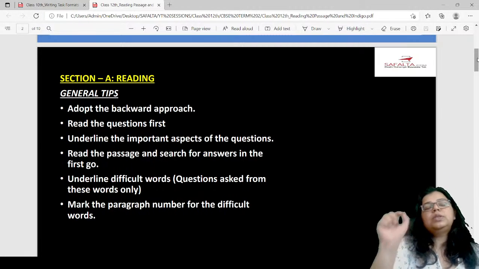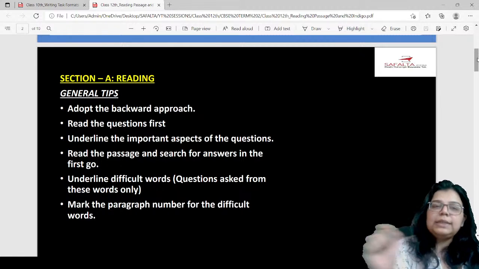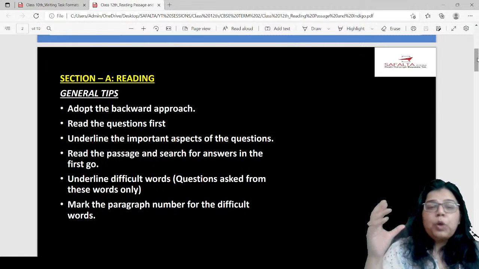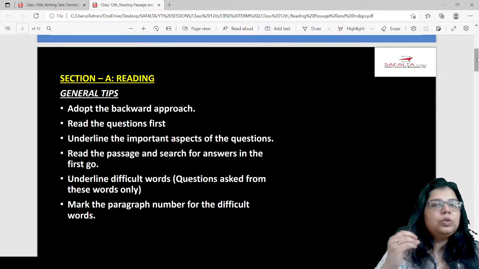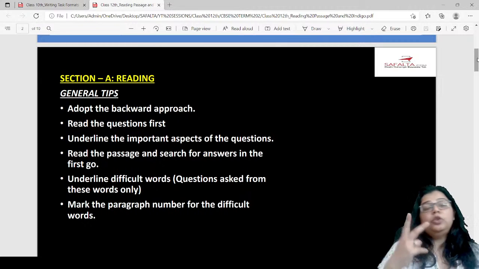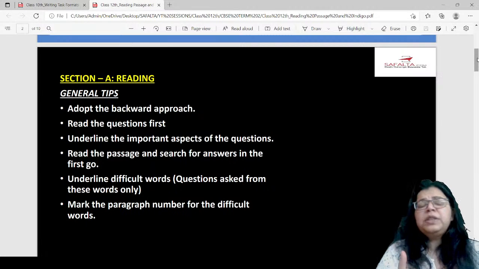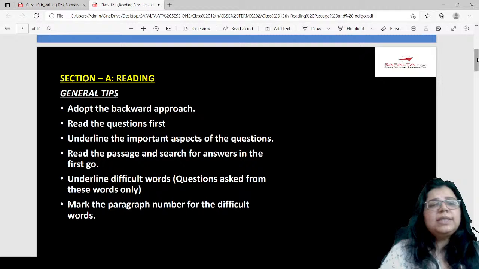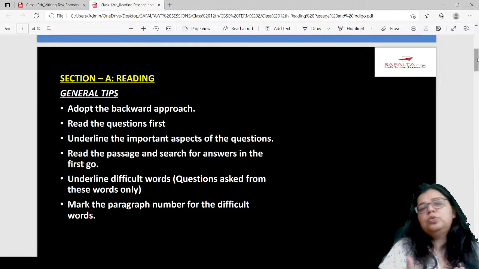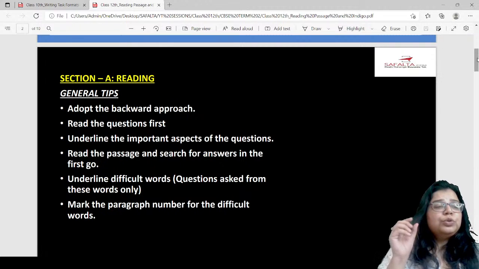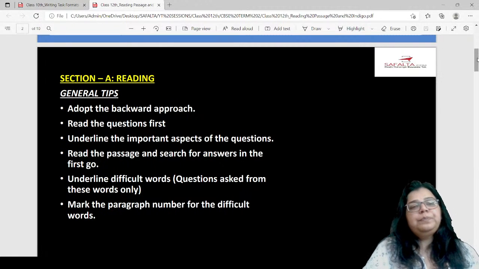And then you start underlining the important lines, the important words, and the whole process takes about 45 minutes, and you're going to have two reading passages, or even if it is one, you'll land up wasting about 45 minutes to 55 minutes, maybe even an hour, to do the entire reading passage.